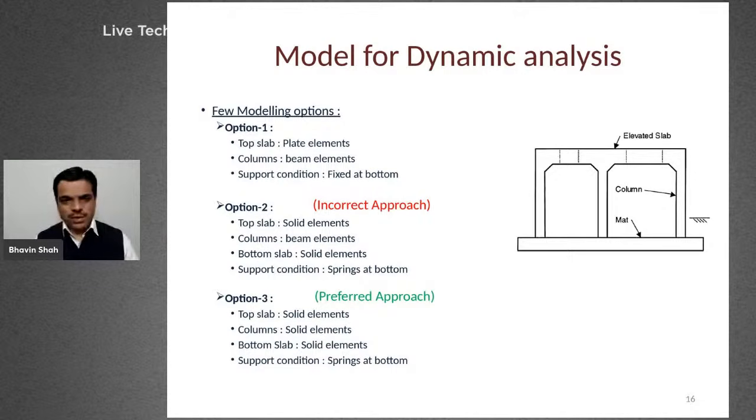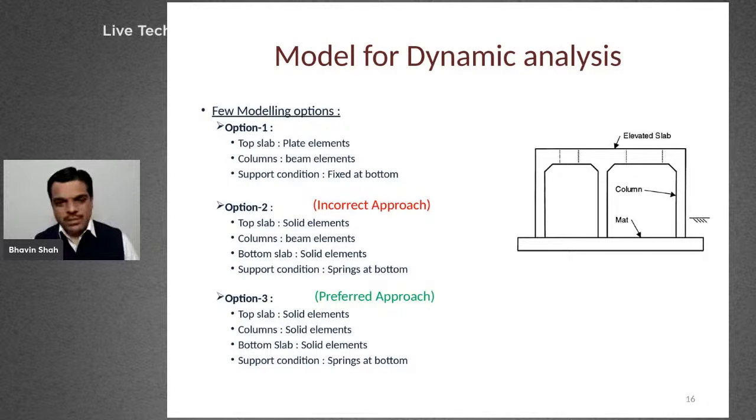Option 2 is mentioned as an incorrect approach, because in a solid element, each node has only 3 translational degrees of freedom, whereas our beam elements, which we have modeled as columns, have 6 degrees of freedom. So there will be a compatibility issue, and that's why option number 2 is an incorrect approach.